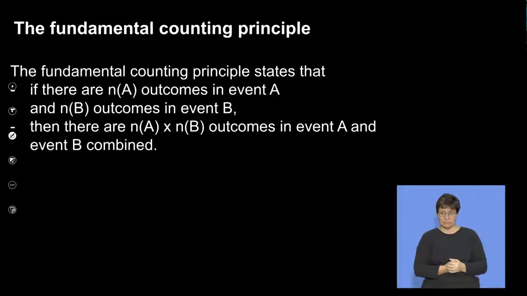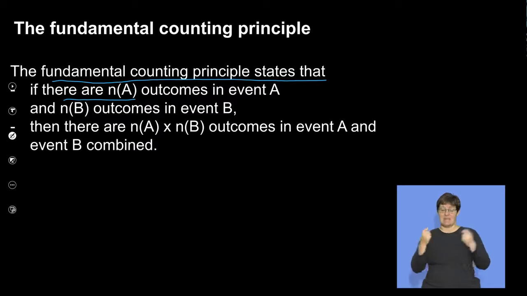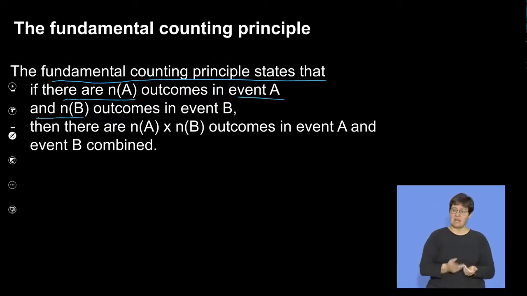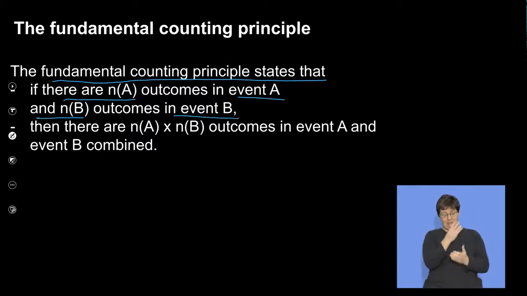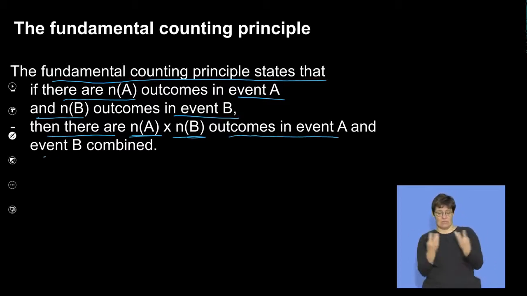So the fundamental counting principle states that if there are NA outcomes in an event A and NB outcomes in event B, then there are NA multiplied by NB outcomes in events A and B combined.